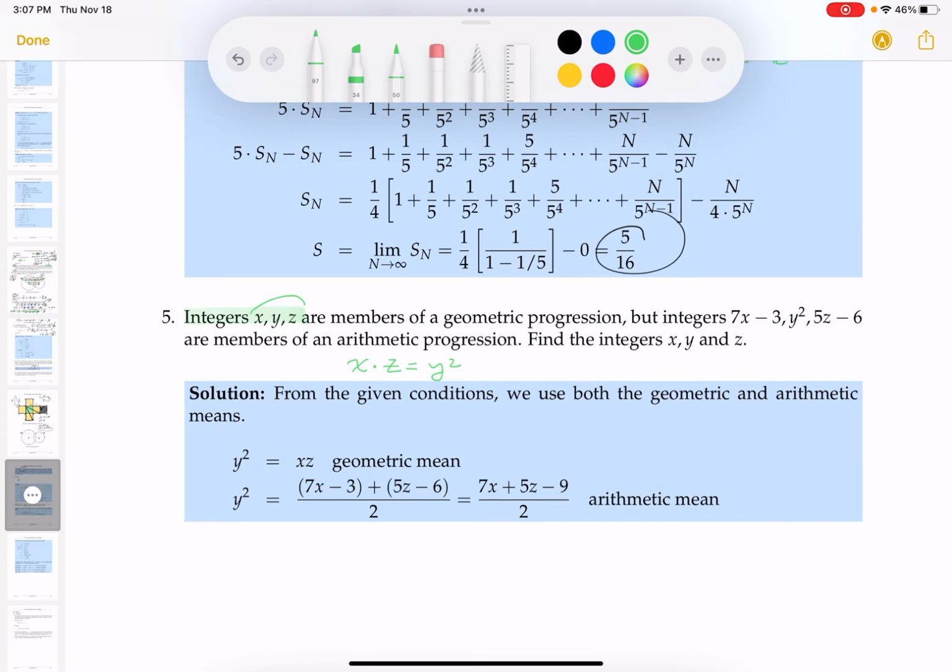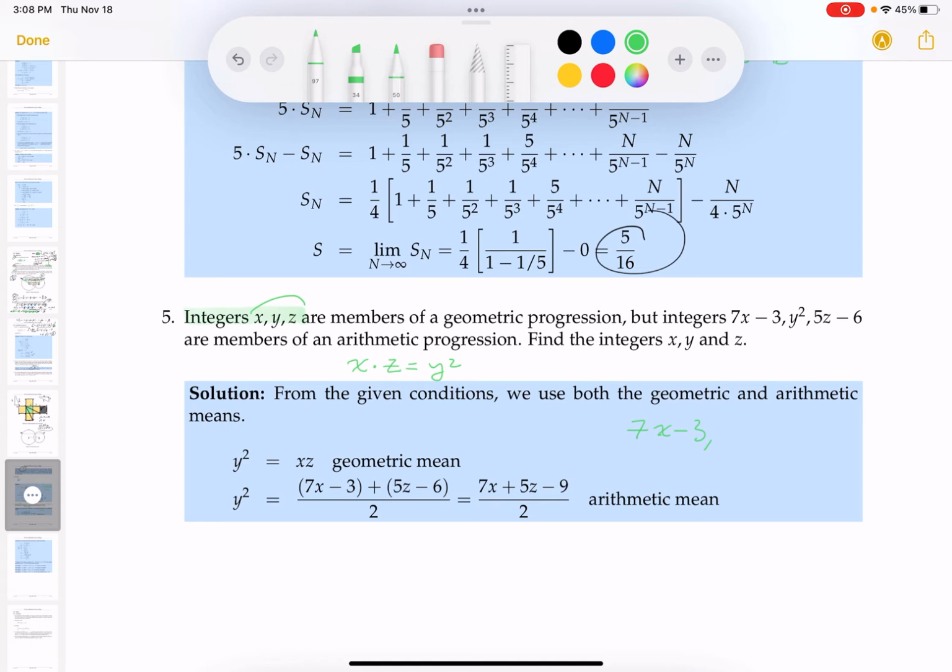Now, is that going to answer the question for me? No, it's not. And then they tell me something about this over here. They tell me the other one's arithmetic. All right? So what does that mean? Well, let's write this down. So you got 7x minus 3, right?